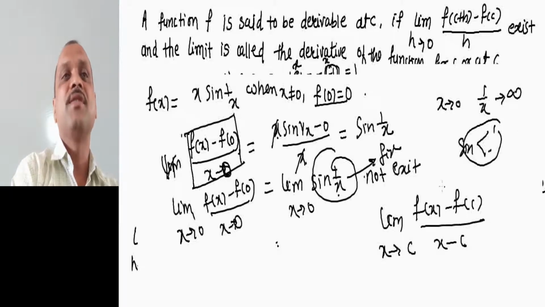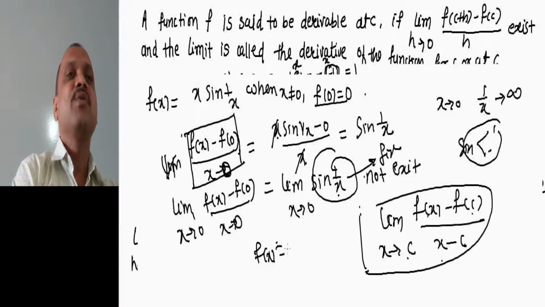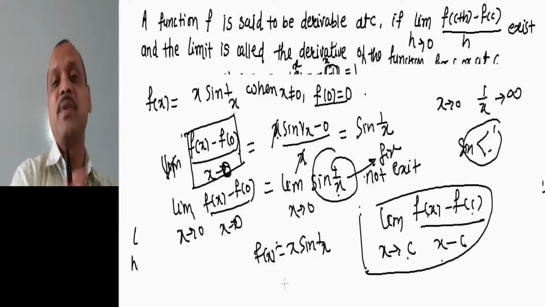Instead of h, I have written it in a different form. So, this is another form of the definition: limit x tends to c of f of x minus f of c divided by x minus c. Here you can see that as the limit does not exist, the function f of x equals x sine 1 by x is not a derivable function.